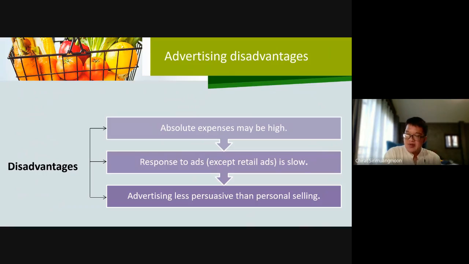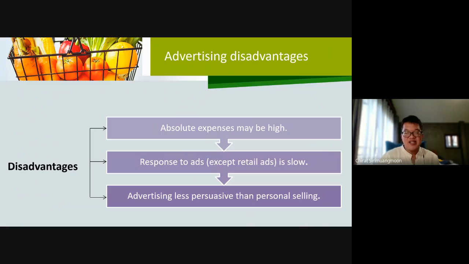Response to ads is quite low, because at this time many consumers just don't want to see any advertising. If they watch television, they just change the channel or try to listen but don't focus.